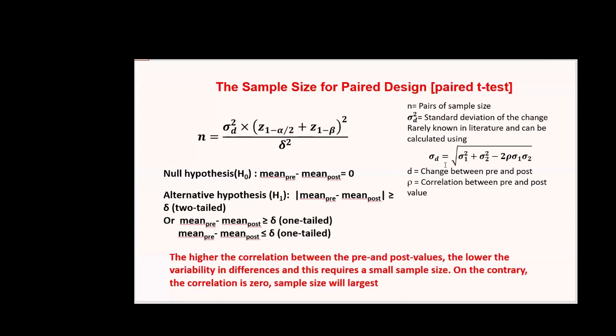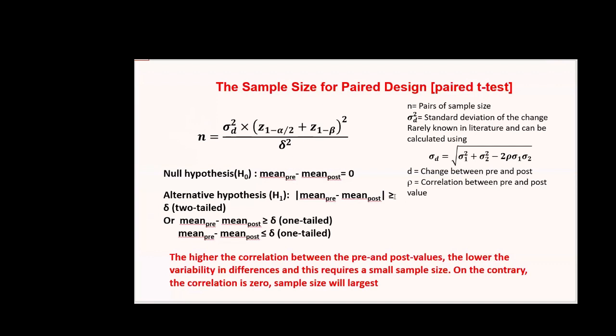So you can use this formula for calculating the change and substitute it here to find the sample size for the pair design. Here the null hypothesis is that there is no difference in pre and post value, and the alternative hypothesis is that there is a significant difference, that is, a difference of delta, the clinically important difference, which is greater or less than 0.